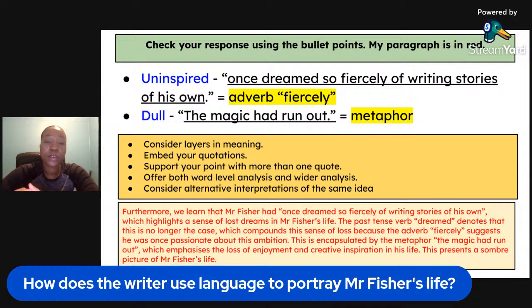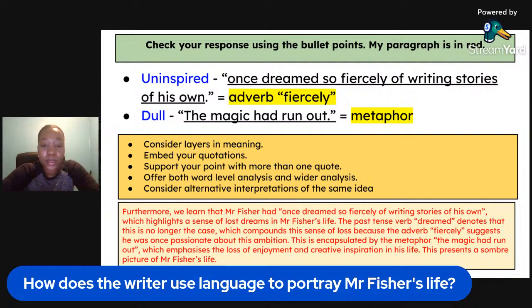Fisher had once dreamed so fiercely of writing stories of his own, which highlights a sense of lost dreams in Mr. Fisher's life. The past tense verb dreamed denotes that this is no longer the case, which compounds this sense of loss because the adverb fiercely suggests he was once passionate about this ambition.